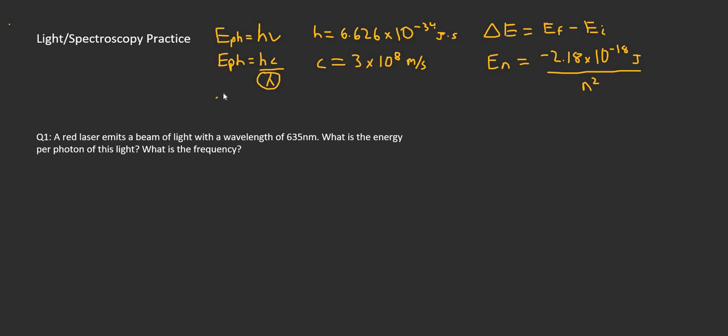So this equation right here looks like a good place to go, because it gives us what we need, and that's wavelength. We have a wavelength, so it would be pretty convenient to plug it in where it is. That's the thing you'll want to do when you're looking for equations to use in your problems.